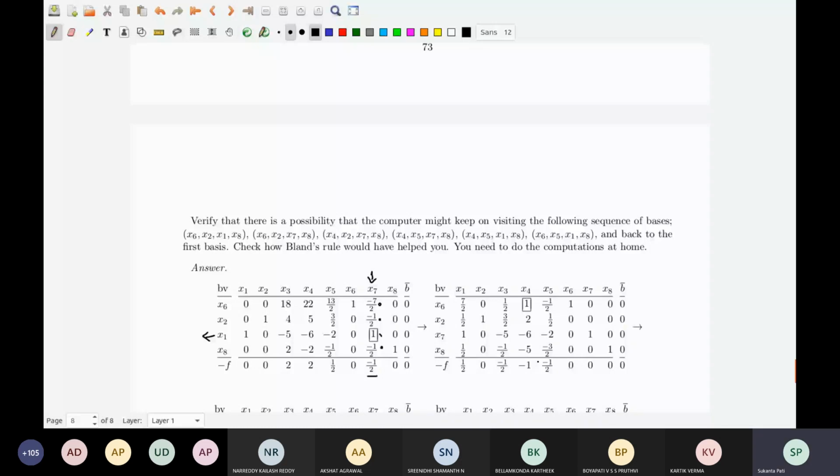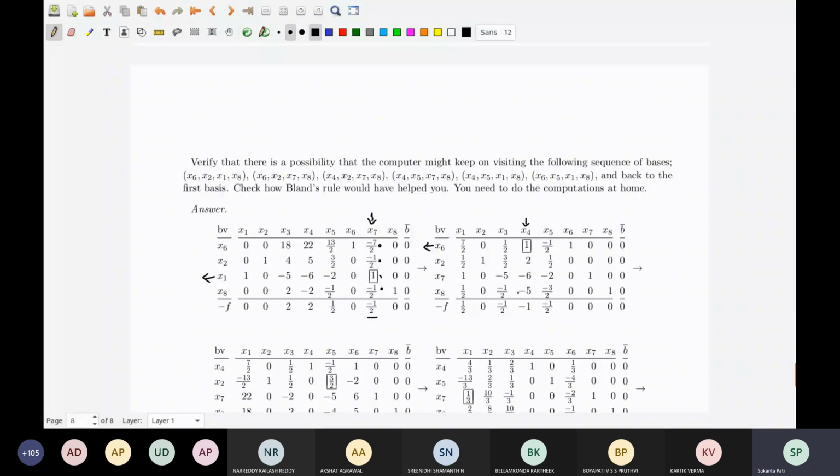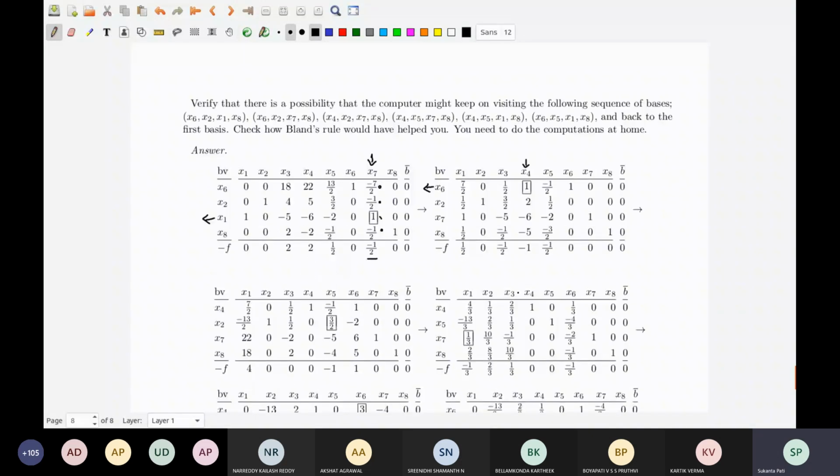But suppose I selected x4 to enter. Because I selected x4 to enter, x6 is going out. So my next table would have, in place of x6, x4, along with x2, x7, x8, and the column below x4 is converted to 1 0 0 0. The pivotal element becomes 1, and the rest of the entries are 0, including the C bar entry.